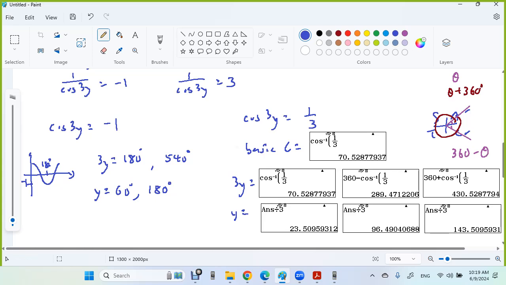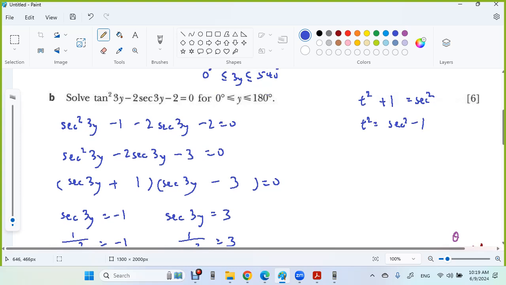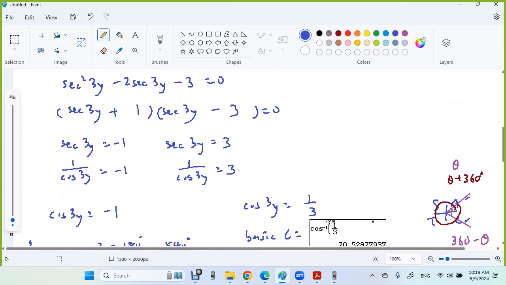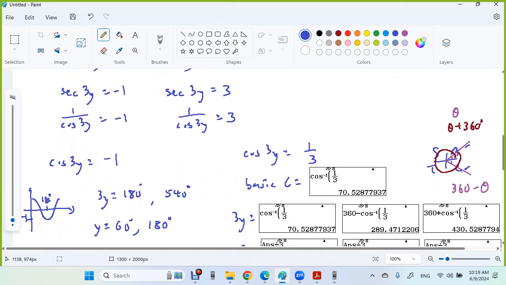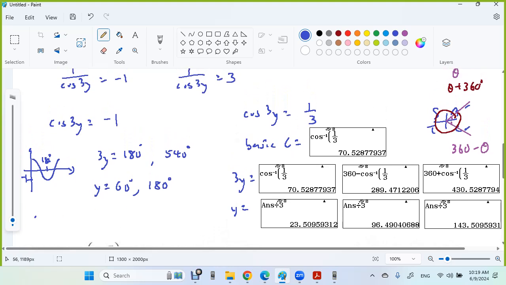Okay, because the domain is half cycle, then 3y will be 1.5 cycles. So we go until here. This one we no need to go for the second time. Okay, so as conclusion, y is 23.5 degrees, 60 degrees, 96.5 degrees, 143.5 degrees, and 180 degrees. Done.